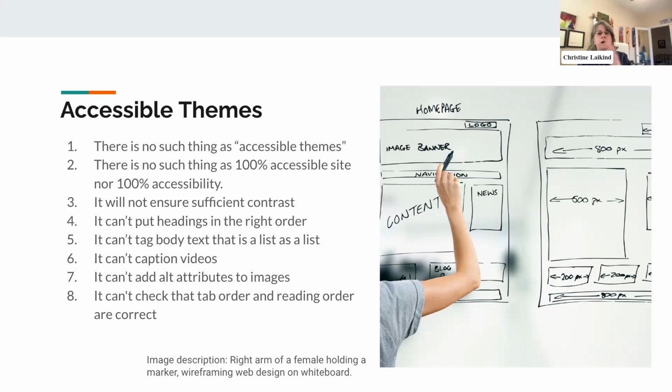Okay, no bells and whistles, no carousels, just a simple layout. That's how they can call themselves an accessible theme. But when you start adding video, adding carousels, adding color, adding bullet points, that's where you need to come in and add accessibility functions.